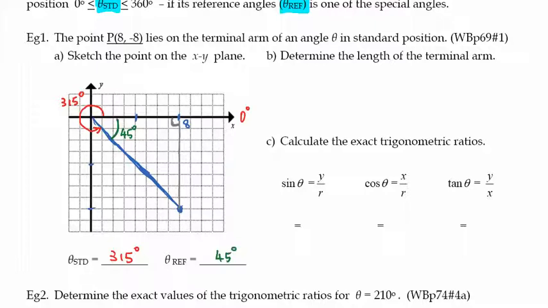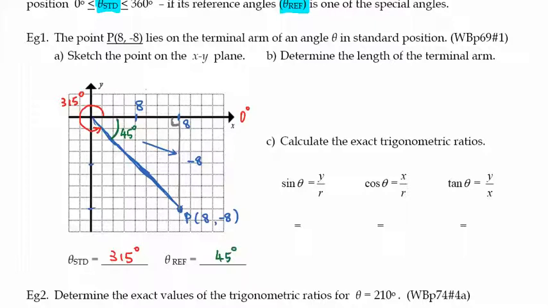Using the coordinate 8 and negative 8, these two numbers will give us the length of the opposite side and the adjacent side. Now, of course, it sounds a little bit weird to have a negative 8 for a side length, for the length of this triangle.